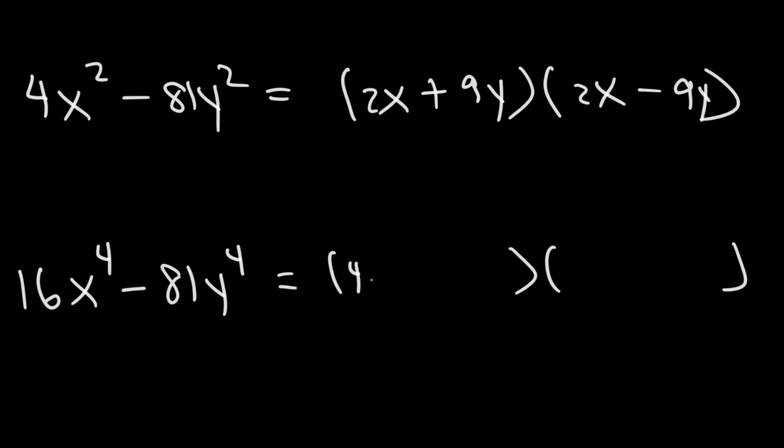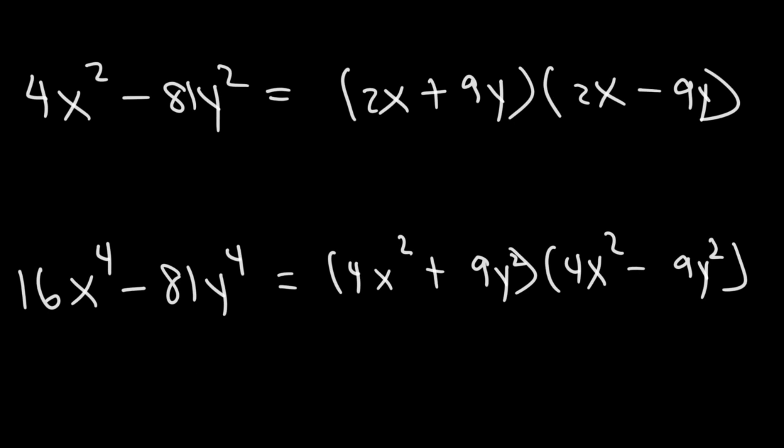But what is the square root of x to the fourth? Basically, you need to divide the exponent by 2. So you'll get x squared. Now what about the square root of 81y to the fourth? That's going to be 9y squared. So we're going to have 4x squared plus 9y squared times 4x squared minus 9y squared.